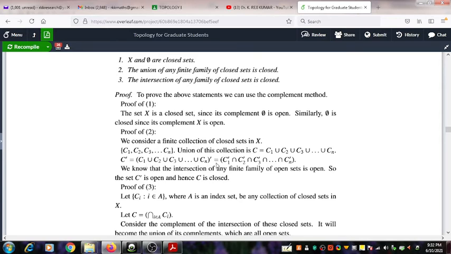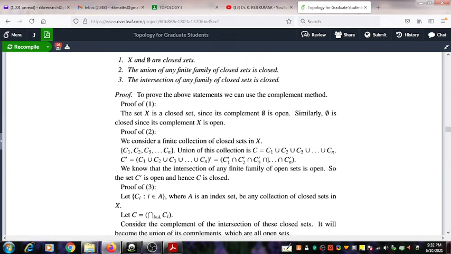But you can apply the reversal property, so that C complement is equal to C1 complement intersection C2 complement intersection C3 complement intersection etc. to Cn complement. That union is reversed to intersection. Now when we analyze the right side, when C1 is closed, then C1 complement is open.